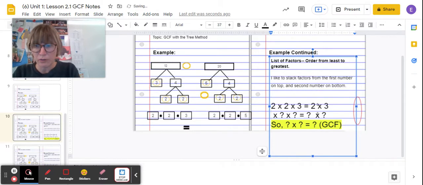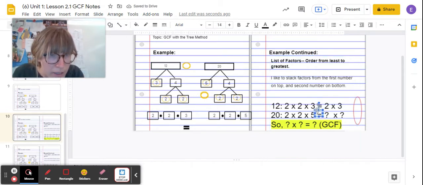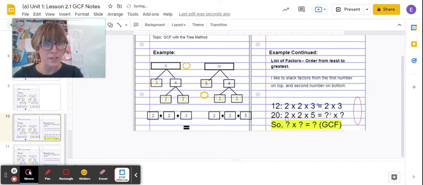So these are the prime factors of 20, and these are of 12. We look over to our list and we have 2 times 2 times 5. We can combine our like terms, right? Are there any numbers that are the same?